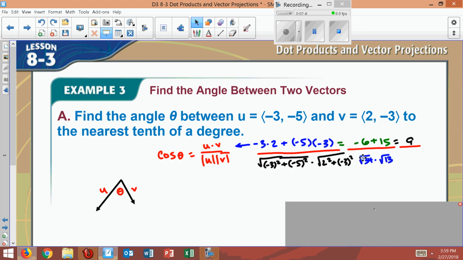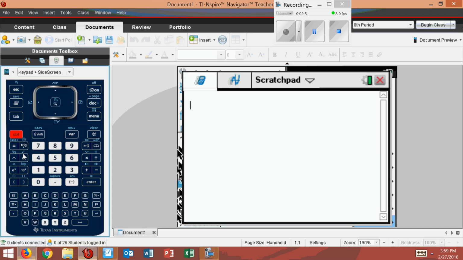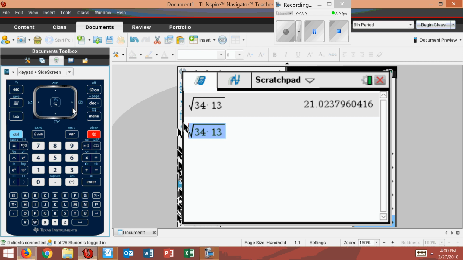It'll be the square root of 34 times the square root of 13, which I do not think is going to be a good value. By the way, square root of 34 times 13 is the same thing as one big square root. If you're not sure, you could do it this way, or you could come back and check it this way. Let's see if we get the same thing. Square root of 13. You'll see it's the same answer.